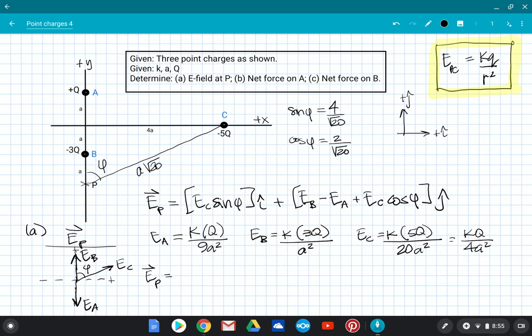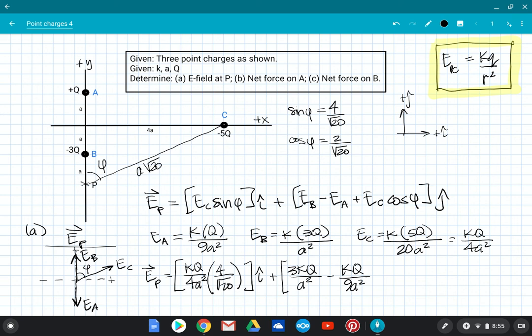So E sub C, that'll be KQ over 4A squared times sine of phi, which is 4 over root 20, i hat. Then E sub B, 3KQ over A squared, minus E sub A, which is KQ over 9A squared, plus E sub C, KQ over 4A squared, times cosine phi, 2 over root 20, j hat.